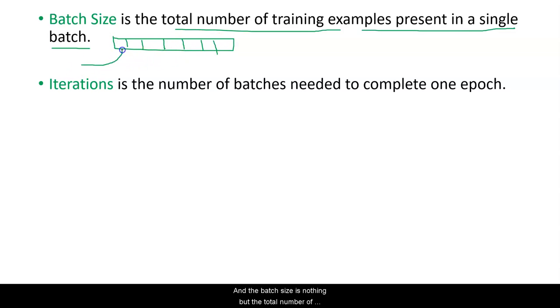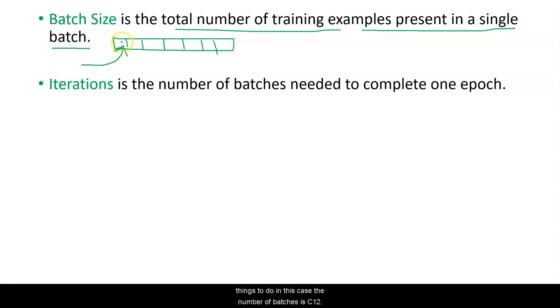And the batch size is nothing but the total number of training examples present in a single batch. And you should be aware that batch size and the number of batches are two different things.